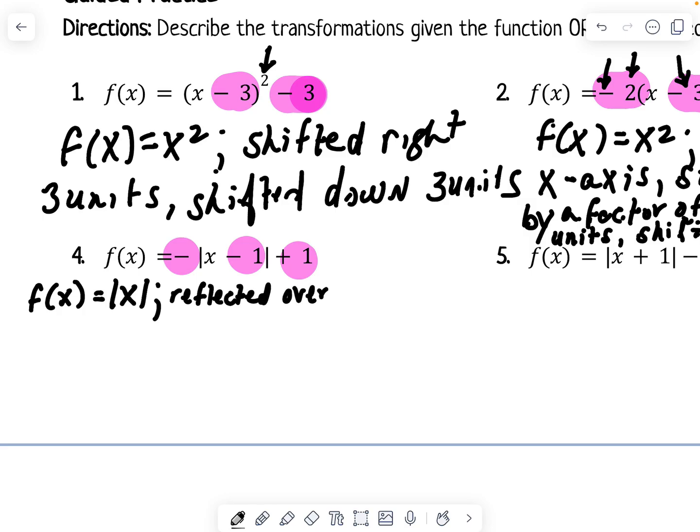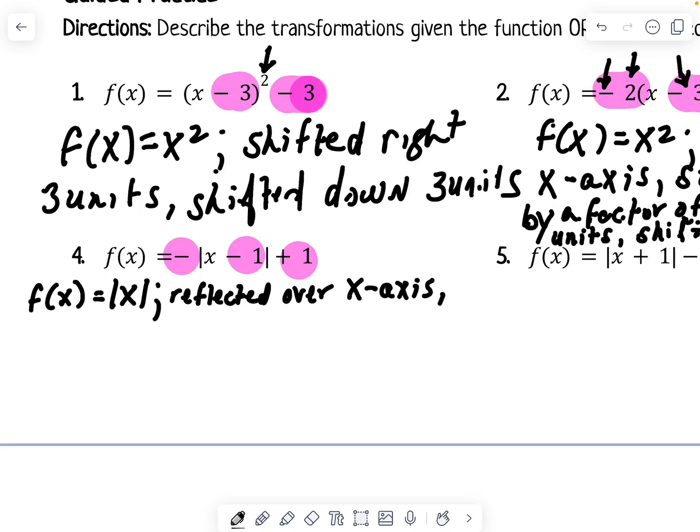All right. I don't have a number there though, right? It's not greater than 1 and it's not less than 1. It's just 1, so I don't change anything. I don't have to write anything about a compression or a stretch.